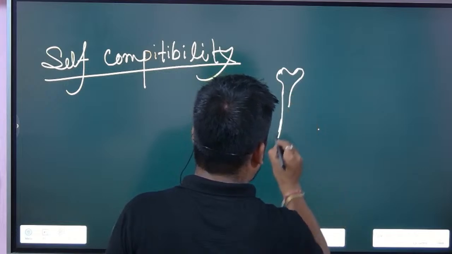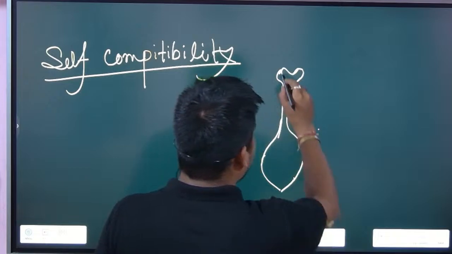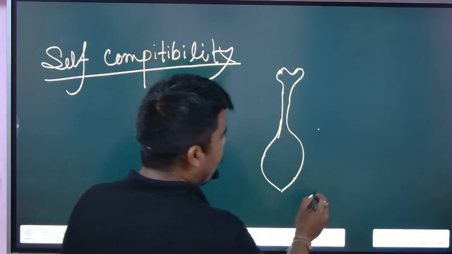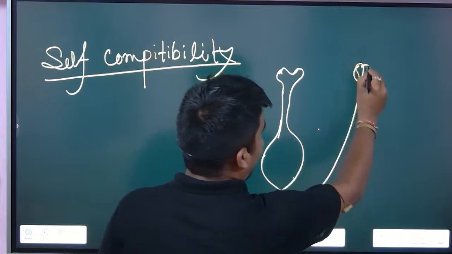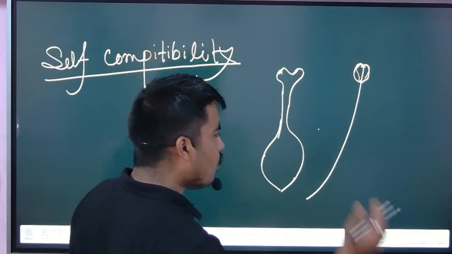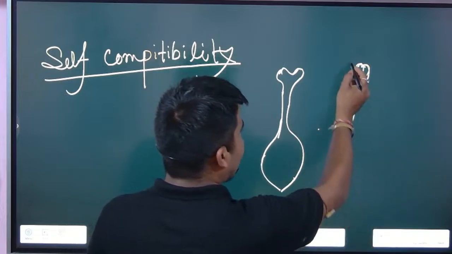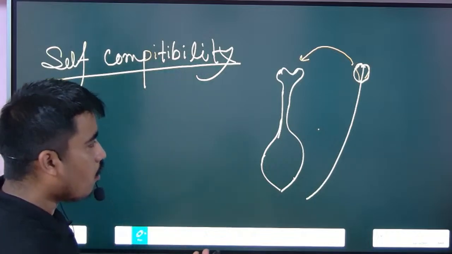A carpel can sense, or choose, or decide whether a pollen grain coming from a different flower or a different anther, by cross pollination or self pollination, is compatible or not, suitable or not.